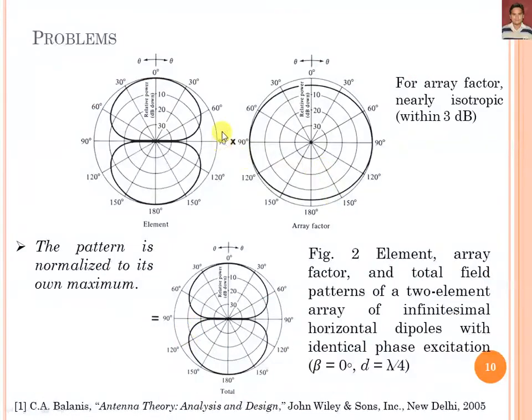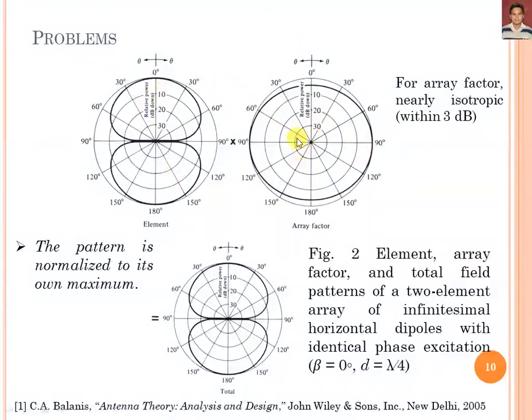So here you can see at theta equal to 90 degrees we are getting nulls, and again in the reverse direction. So we can say the pattern maximum occurs at 0 degrees and 180 degrees in the case of a single element. And this is the array factor. Here we are not getting any nulls, so we say it's an omnidirectional pattern.